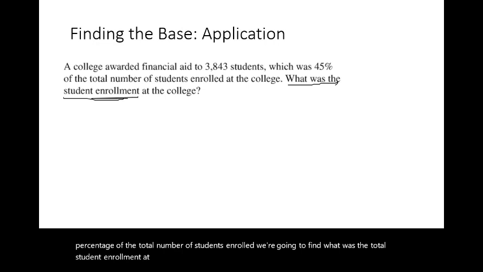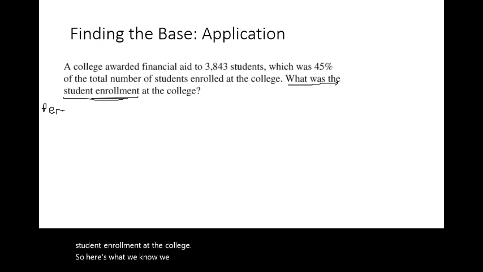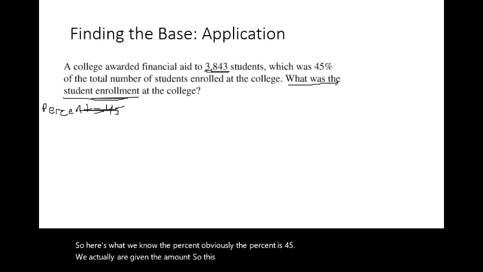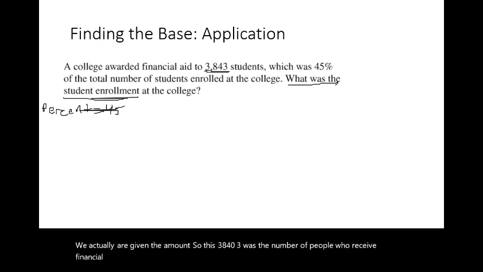So here's what we know. We know the percent, obviously. The percent is 45. We actually are given the amount. So this 3,843 was the number of people who received financial aid, which was not the total student enrollment. This was just a certain percentage of the student enrollment.